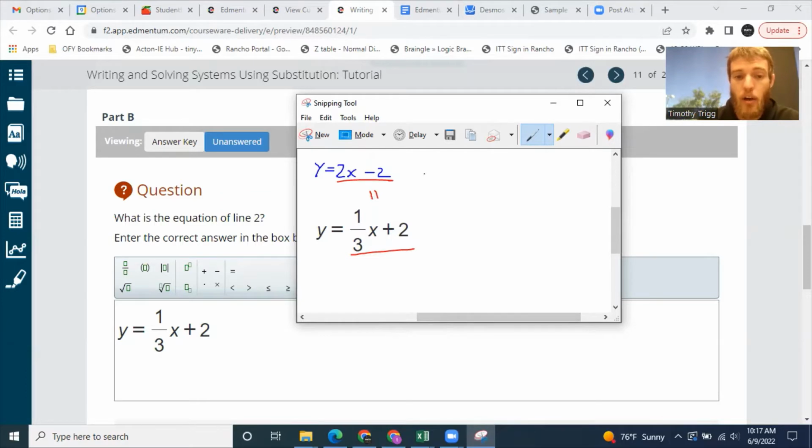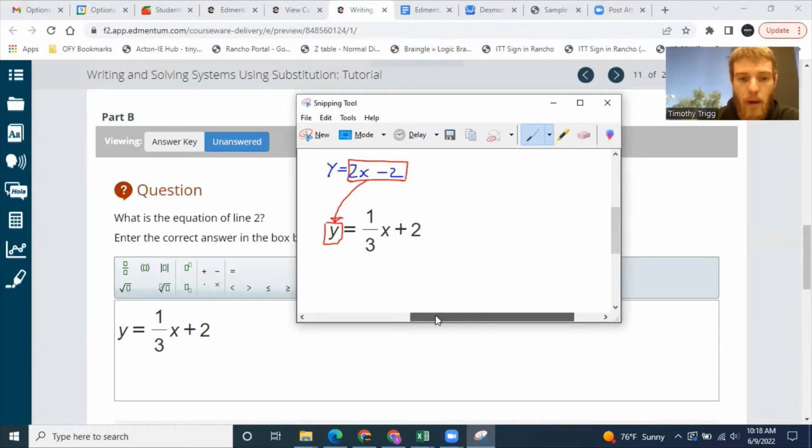Essentially, the first equation says y equals 2x minus 2, and I'm replacing the y in the second equation with what y equals, using substitution.